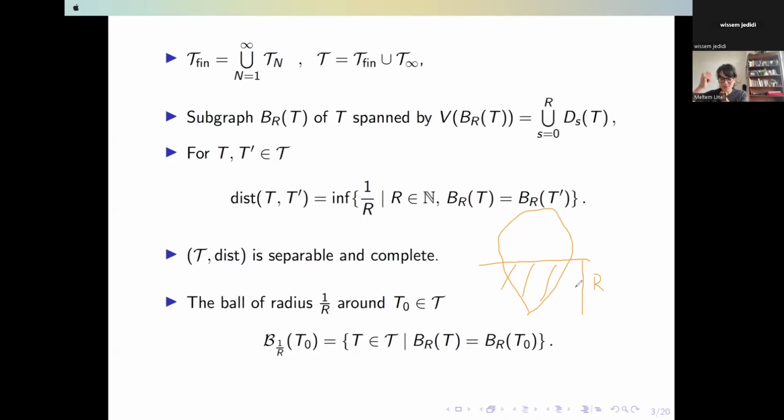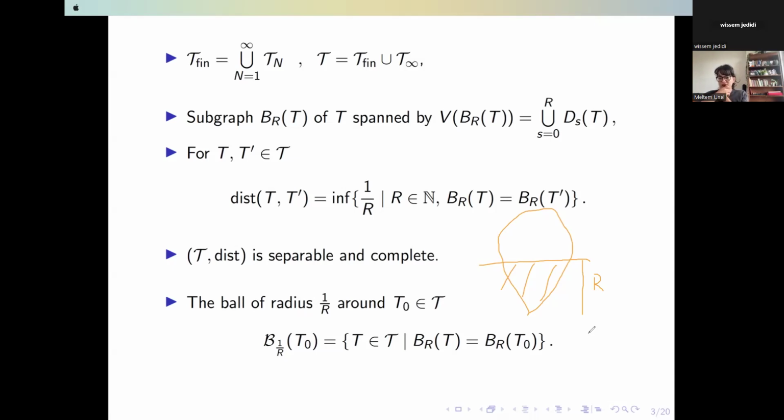Yes, okay. So I put the natural metric. If two trees agree up until height r and at most up until height r, then the distance between these two trees is given by 1 over r. With this distance, the metric space becomes a separable and complete metric space.